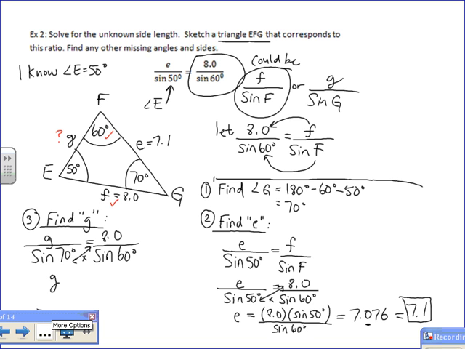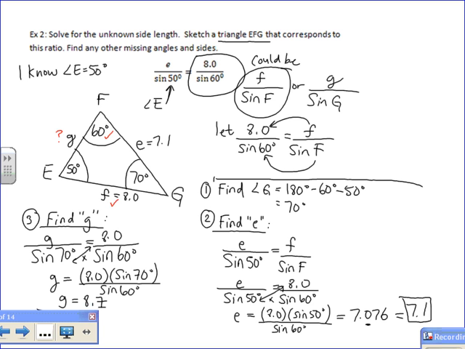So I have g all by itself is equal to 8.0 times the sine of 70 degrees, there's the sine of g, divided by the sine of 60 degrees. And my value here for g is going to come out to be equal to 8.7 if I round it there to the first decimal place.